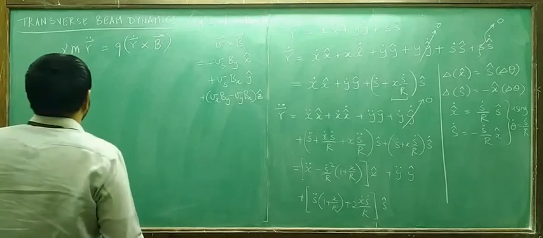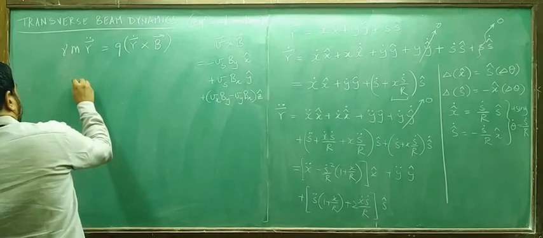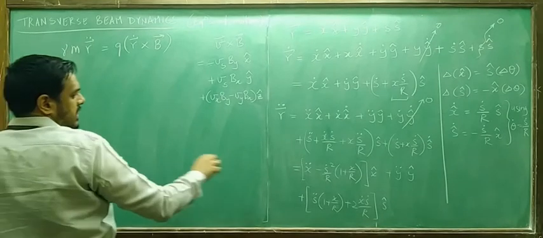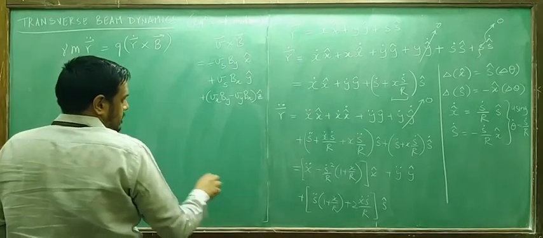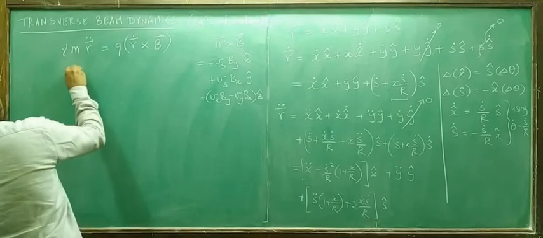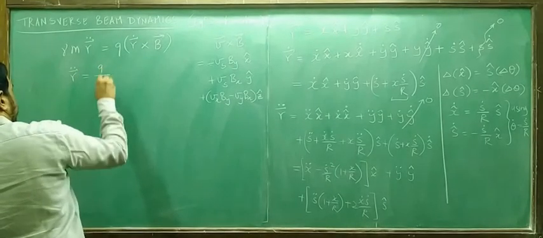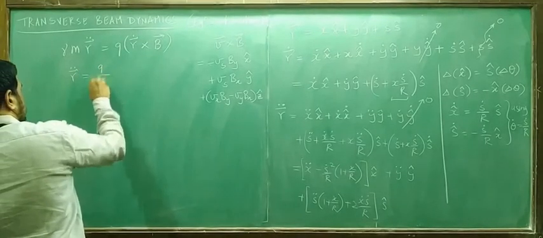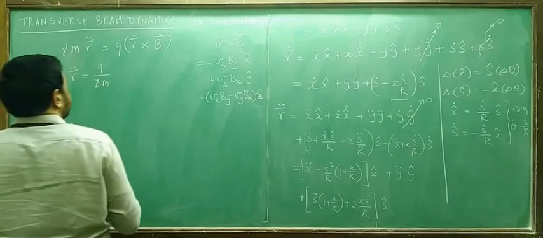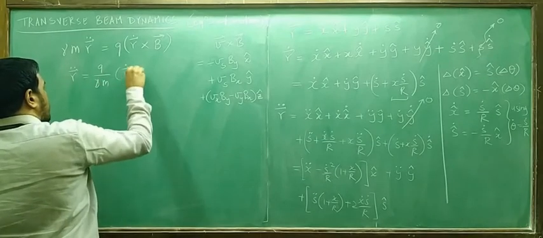So basically, you will get r bar double dot is equal to q by gamma m r bar dot cross B bar.